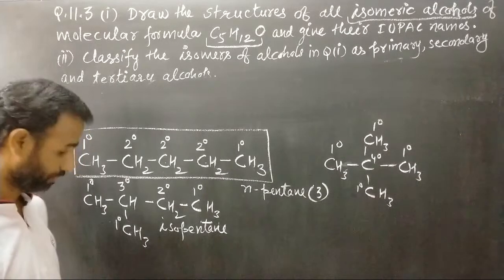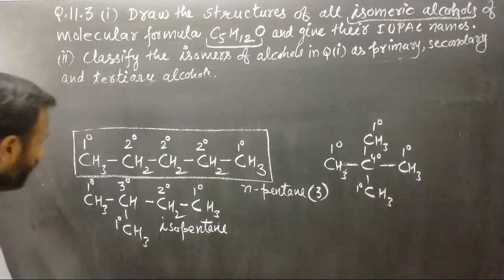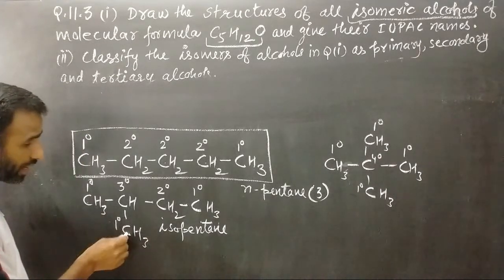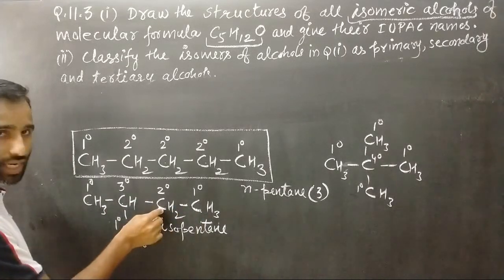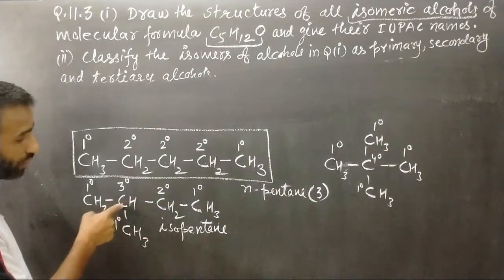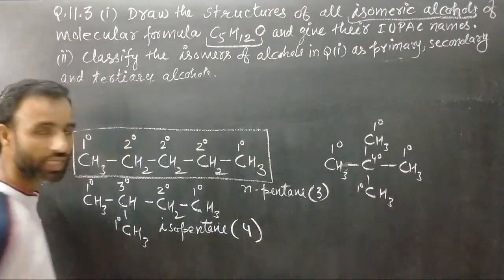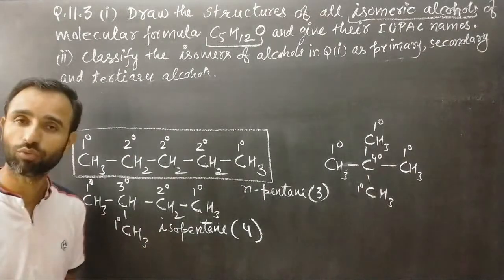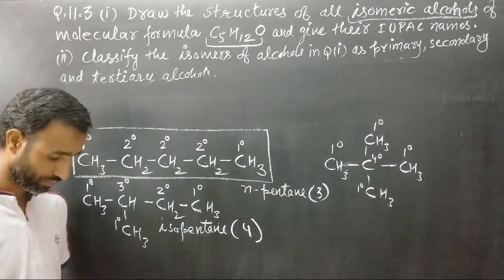Harshil, very good, 4. These primary are attached to tertiary and this primary is attached to secondary. So two types of primary, one type of secondary, one type of tertiary. Total 4 types of hydrogens, so 4 isomers are possible for isopentane. Very good.